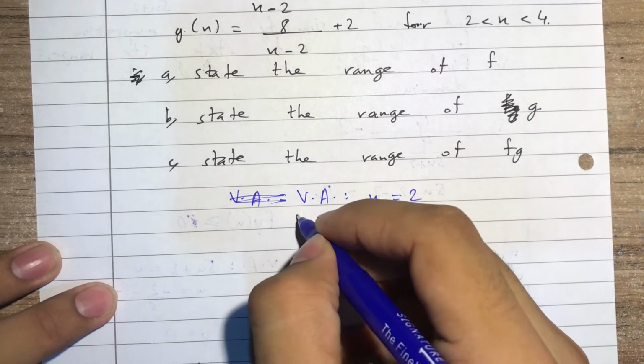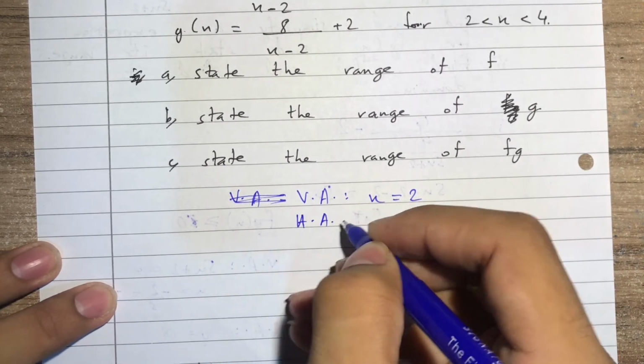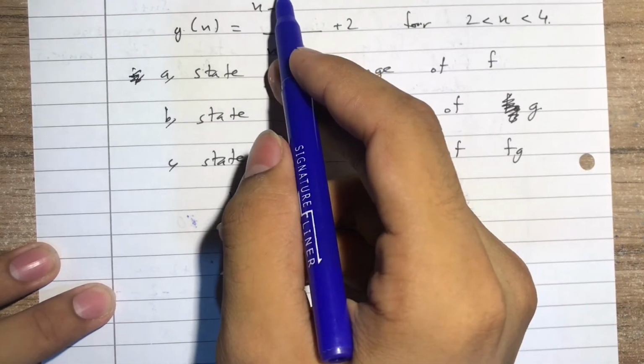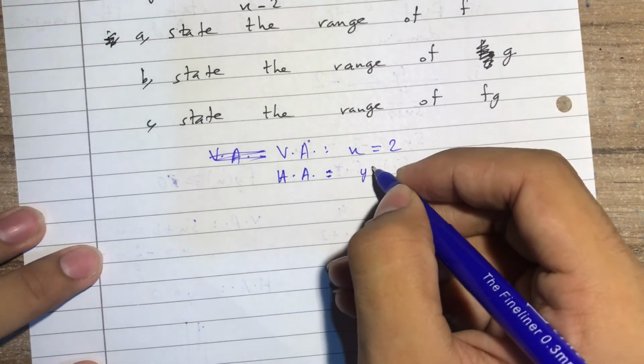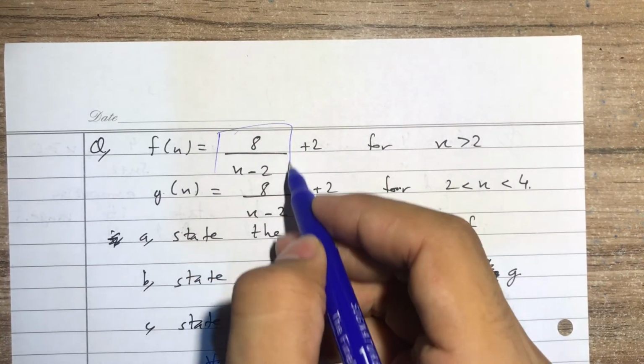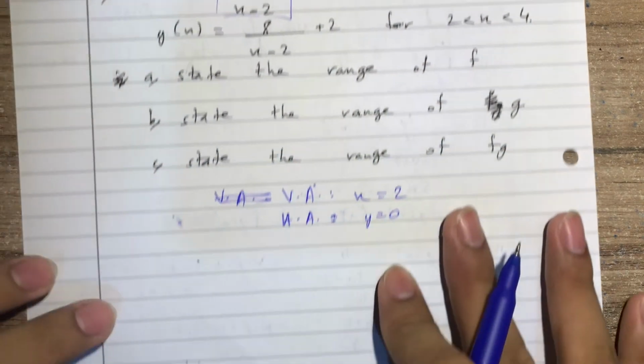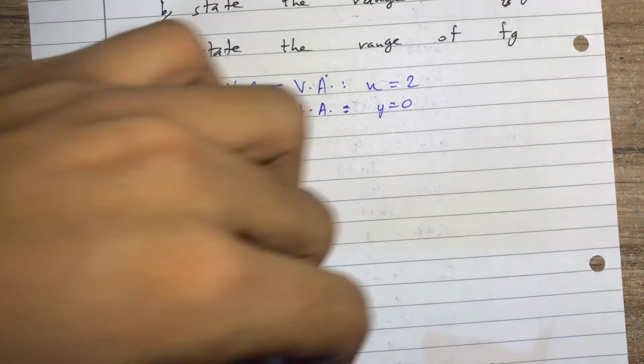And the horizontal asymptote will be, because it's an improper rational function, y equals 0. Right now I'm only plotting this part, I'm excluding the plus 2.